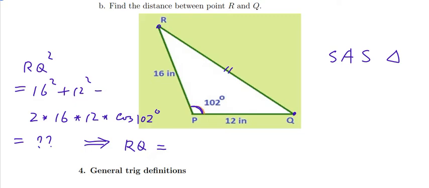So this is the usual way to find the distance between 2 points. If we cannot measure directly, we measure the other 2 sides and then measure this angle, then we can find this side.